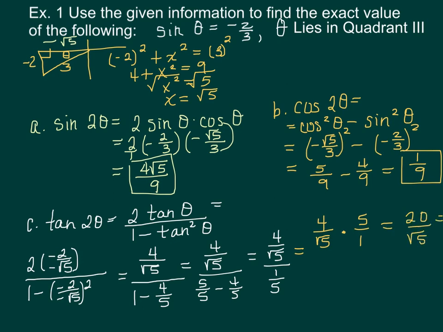And then I'm just going to rationalize this. Square root of 5 over 5, which equals 4 square root of 5. And we are done.